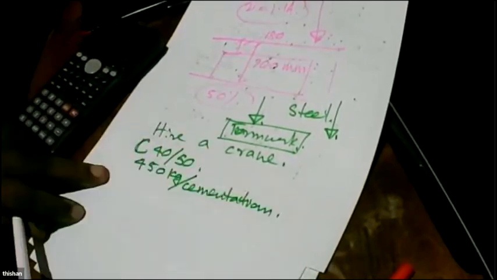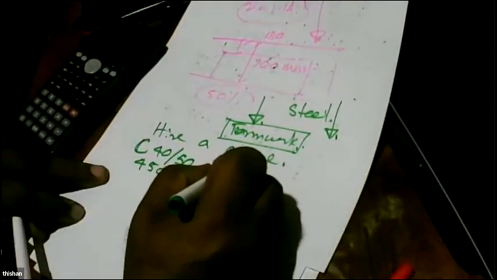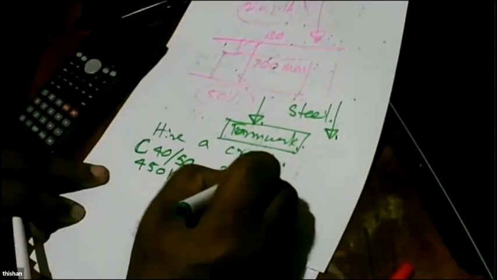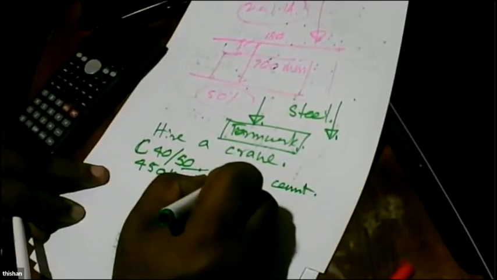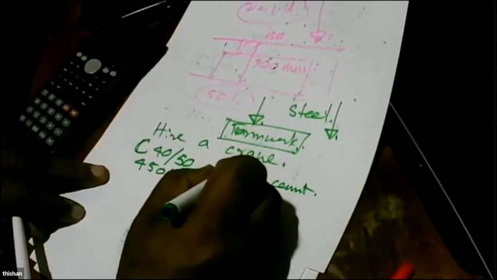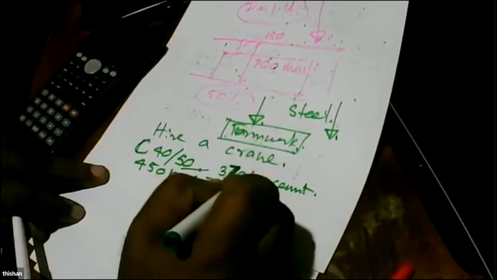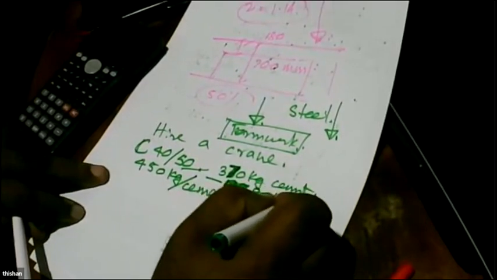I explained this method, and so you can go for about 350 kilograms of cement and about 80 kilograms of fly ash.